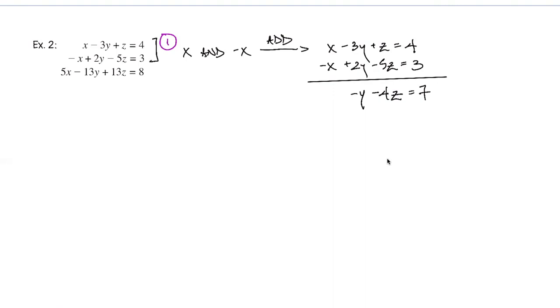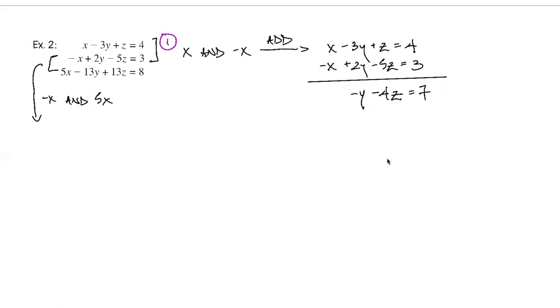I want to pick another pair of equations and get rid of the x's as well. And so I look here and I'm like, oh, check out these 2 equations down here. Well, I have a -x and a 5x. So if I multiply the equation with the -x by 5, well, guess what?